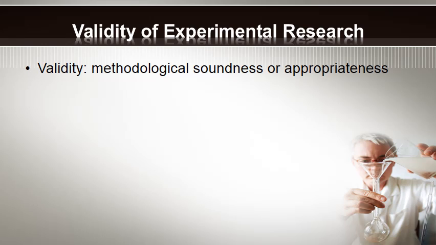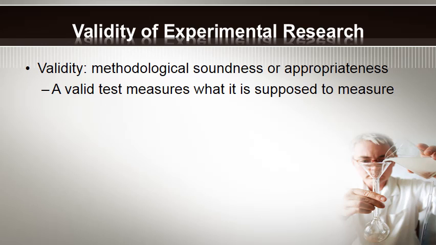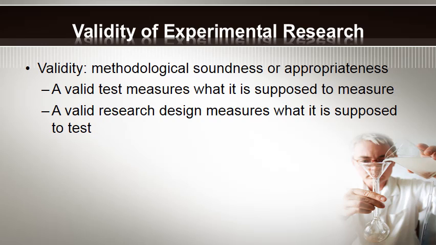And so psychological research is said to be valid if it provides an understanding about the behavior that it's supposed to be providing an understanding about. So a valid research design measures what it's supposed to test.